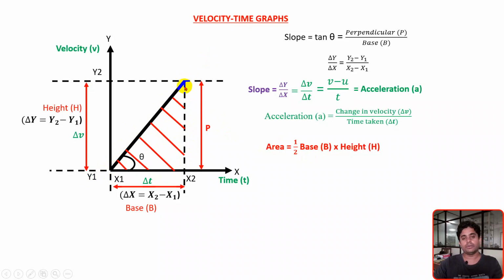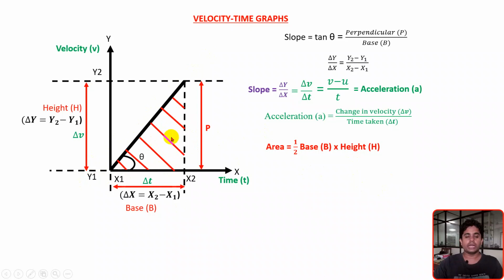One more important thing is that this triangular area is in between this line and the time axis line, and it is below this line. That is the area we have to consider.